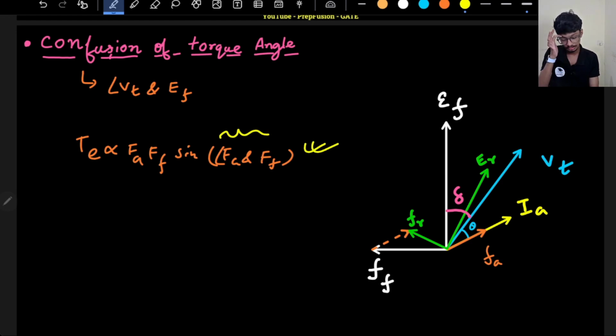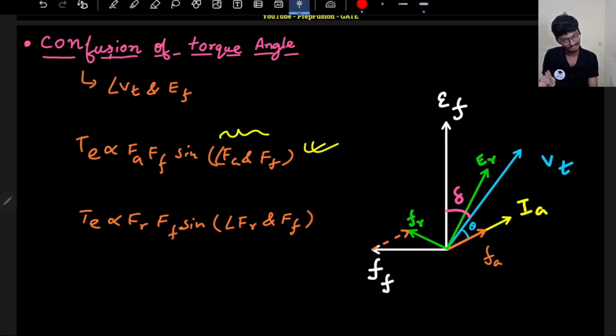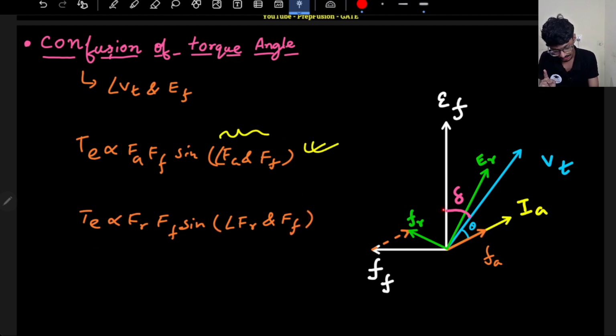Torque is proportional to the sine of this angle and the multiplication of the mmfs, but just be careful: the torque angle is always the angle between Vt and Ef.